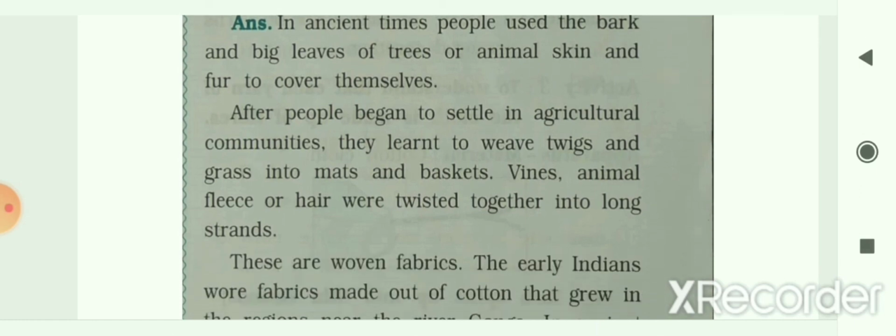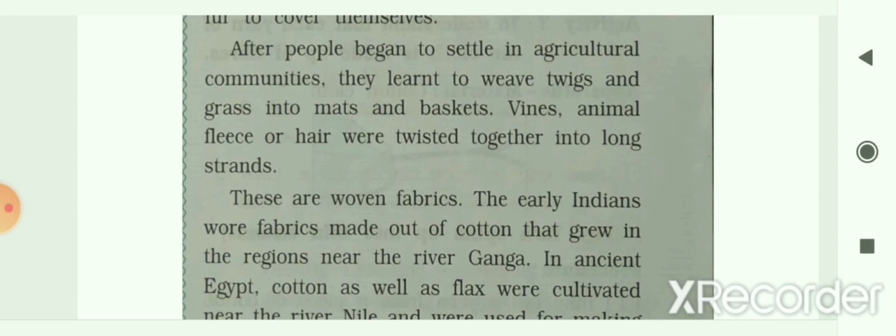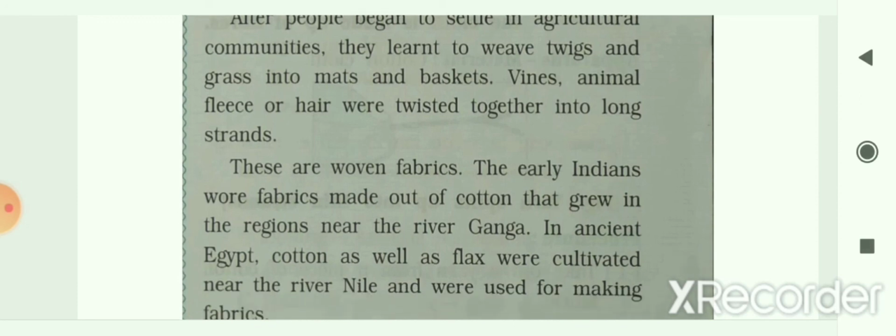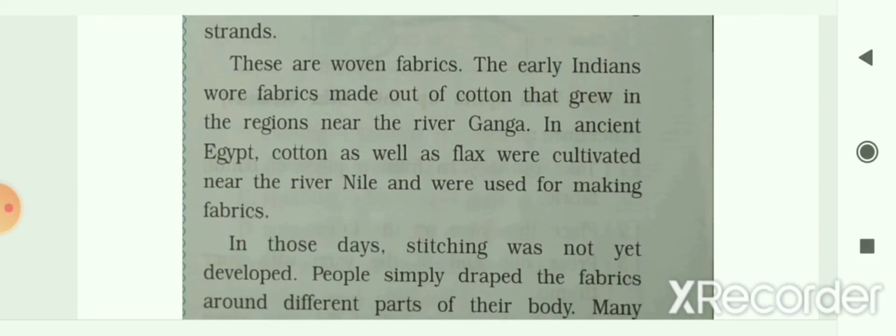After people began to settle in agricultural communities, they learned to weave twigs and grass into mats and baskets. Vines, animal fleece or hair were twisted together into long strands, and these were woven into fabrics. The early Indians wore fabrics made out of cotton that grew in the region near the river Ganga. In ancient Egypt, cotton as well as flax were cultivated near the river Nile and were used for making fabrics.